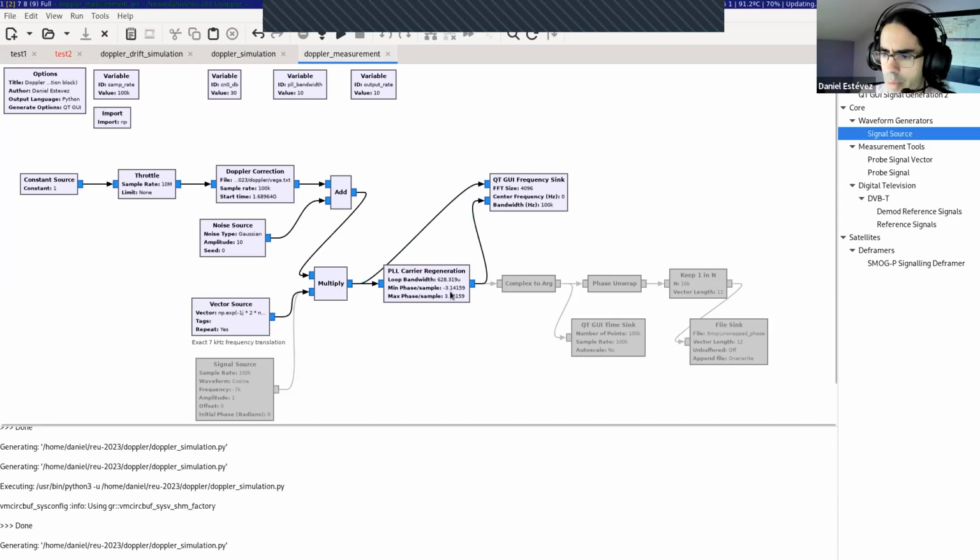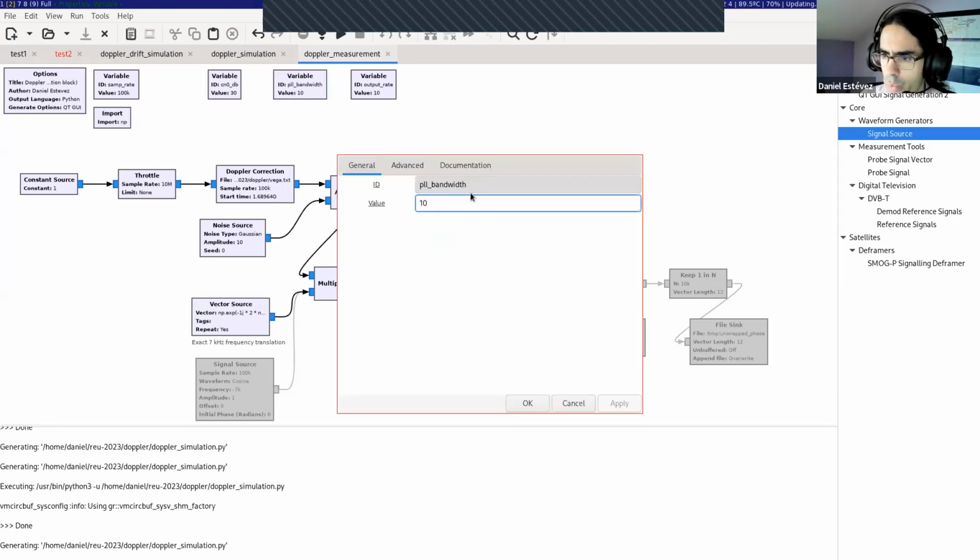What are the parameters that we need to set on the PLL? The first one is called the bandwidth. And the bandwidth basically indicates how fast, this is in hertz, so 10 hertz of bandwidth, indicates how fast the PLL can track changes in the signal.